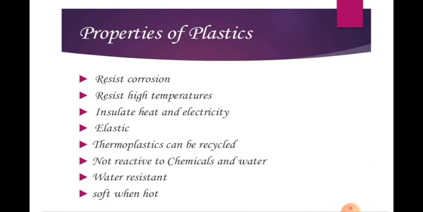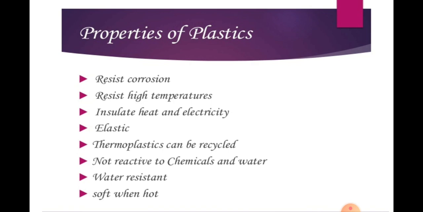Next, plastics are poor conductors of heat and electricity. They do not conduct heat and electricity at all, which we have already discussed. The plastics are poor conductors, that is, they are insulators. Plastics can be molded into different shapes.